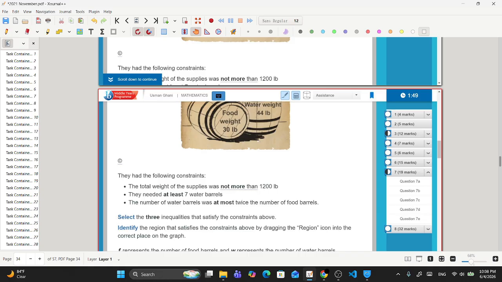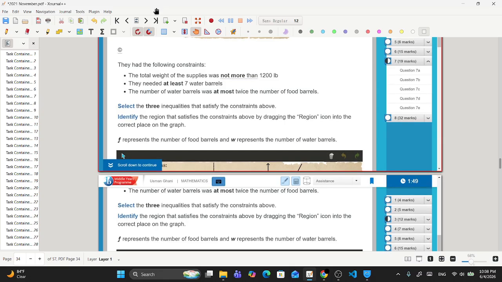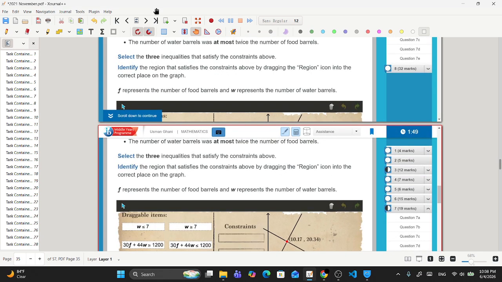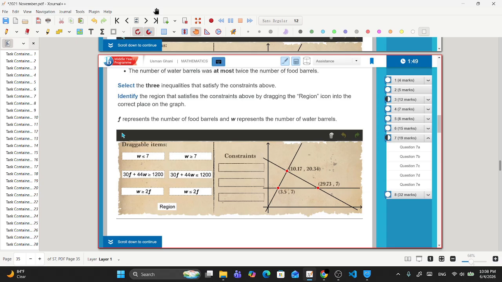They needed at least 7 barrels of water. The number of water barrels was at most, not at least, at most twice the number of food barrels. Select the 3 inequalities that satisfy the constraints above. Identify the region that satisfies the constraints above by dragging the region icon into the correct place on the graph. F represents the number of food barrels and W represents the number of water barrels.